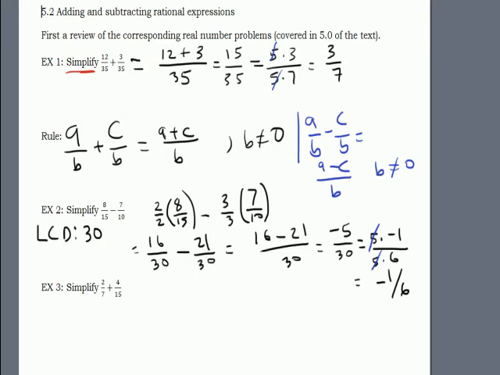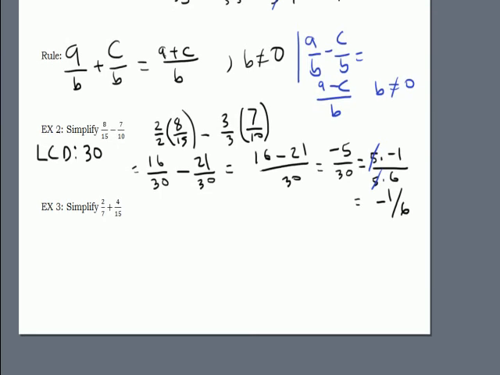Looking down at example 3, let me move this page down a little bit. I've got 2/7 plus 4/15. 7 and 15 have no common factors, so the LCD will actually be 7 times 15, or 105. That means I'm going to need to multiply the 2/7 by 15 over 15, and the 4/15 by 7 over 7.